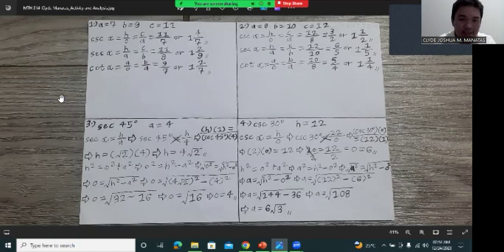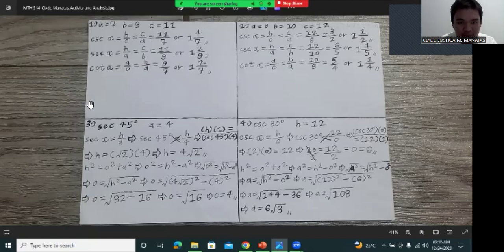After that, it's time to substitute everything. Opposite is equal to the square root of the hypotenuse, 4 square root of 2 squared, minus the adjacent, 4 squared. 4 square root of 2 squared is equal to 32, minus 4 squared, which is 16.